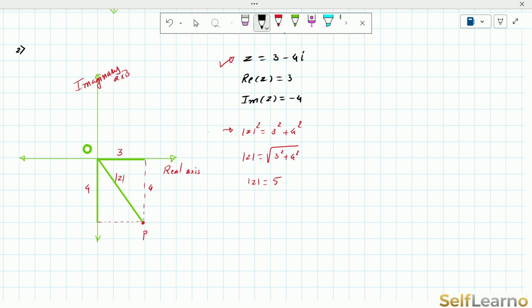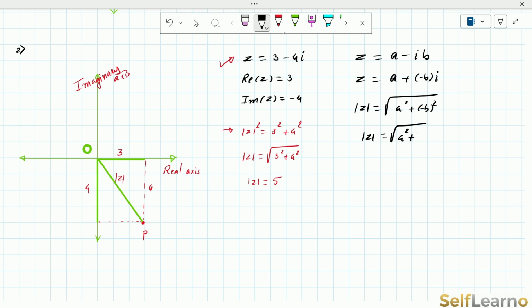Let us use symbols. z is equal to a minus ib. And then I can write in this way. So the modulus of complex number is nothing but under root a square plus negative b square. And square of negative will become positive.